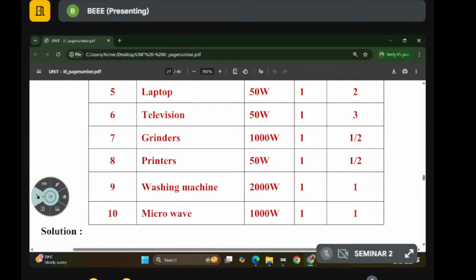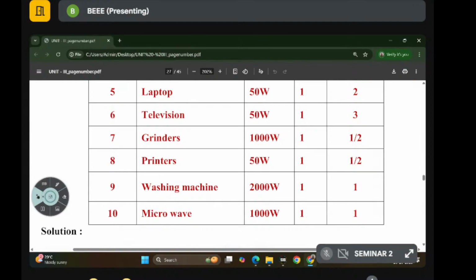Do you know the BPL families? Below poverty line are lower income families who have an income certificate. In Telangana, we can use up to 200 units. There is no electrical bill, zero.